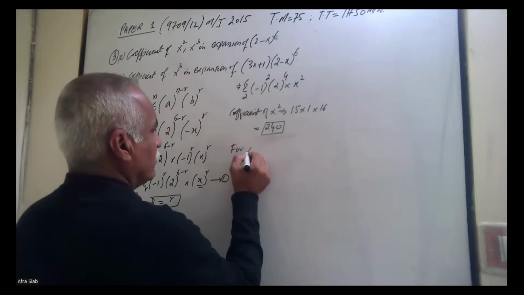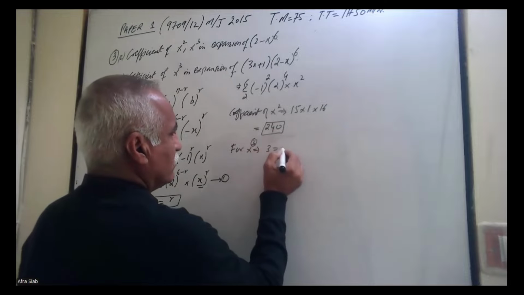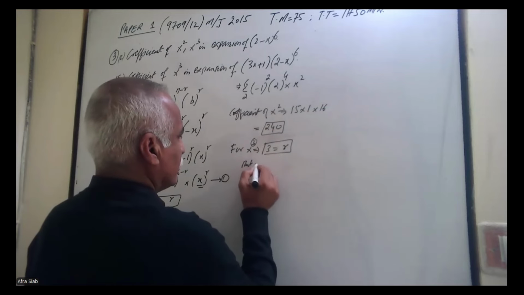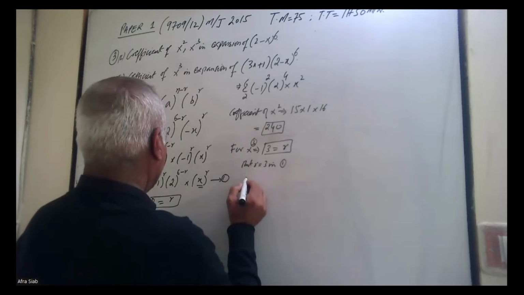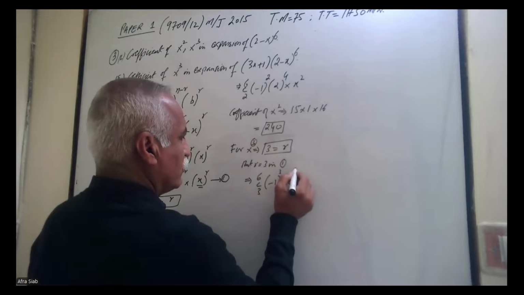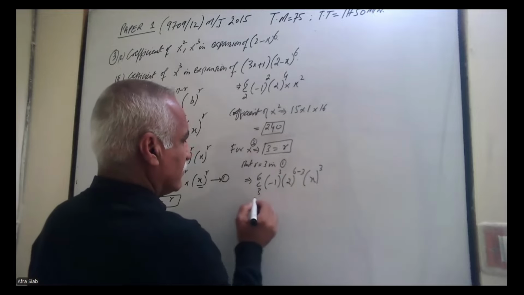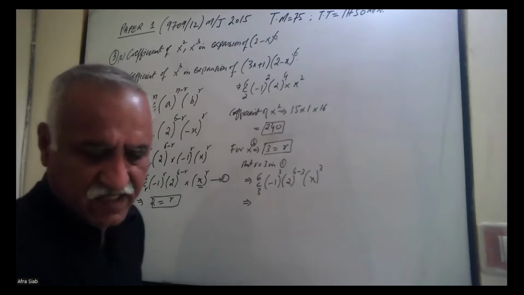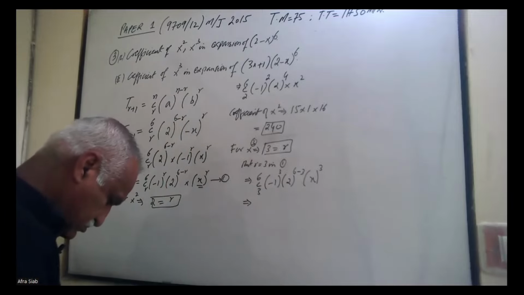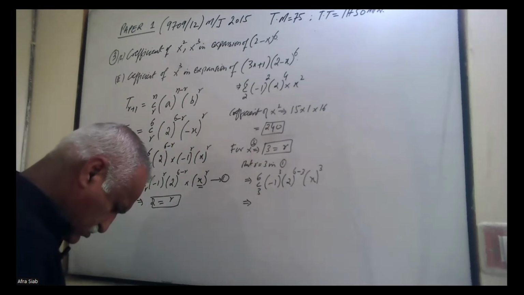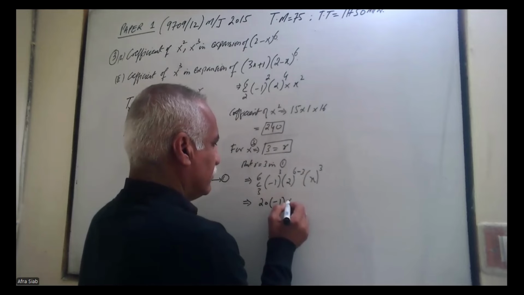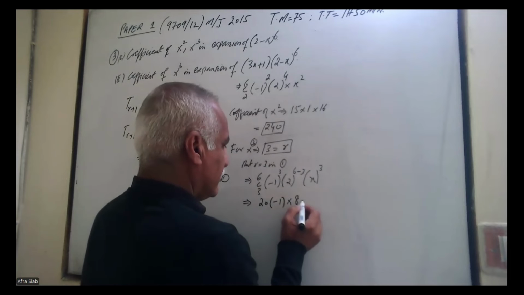For x cube, 3 should be equal to r. So we put r equal to 3 in the formula, then this will become 6C3 into minus 1 power 3 into 2 power 6 minus 3 into x power 3. 6C3 is known to be 20, into minus 1, into 2 power 3 is 8, into x cube.